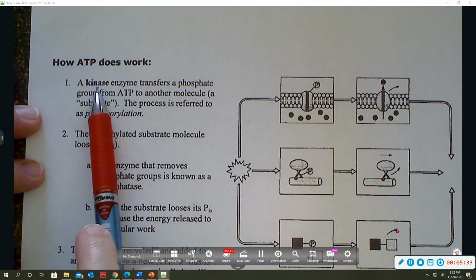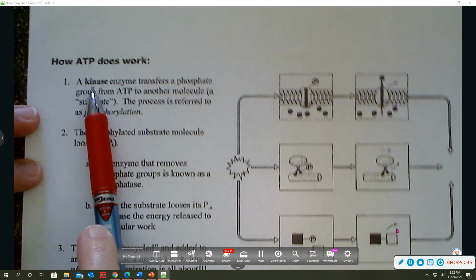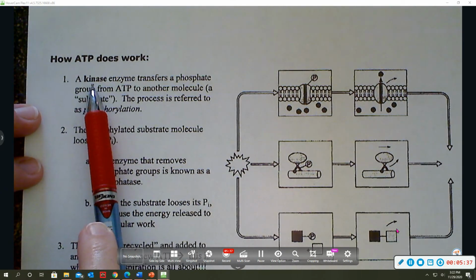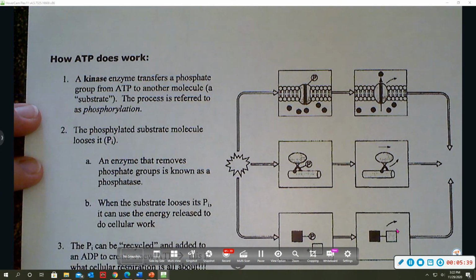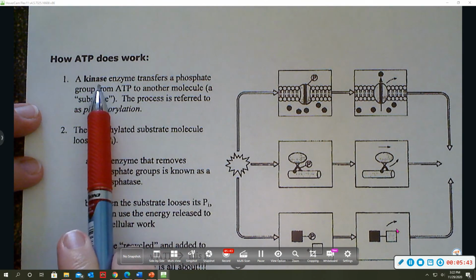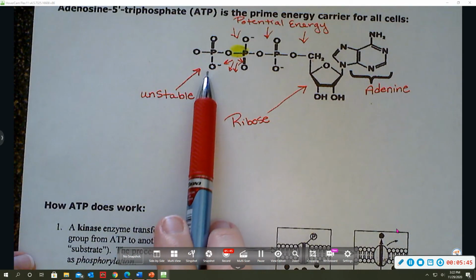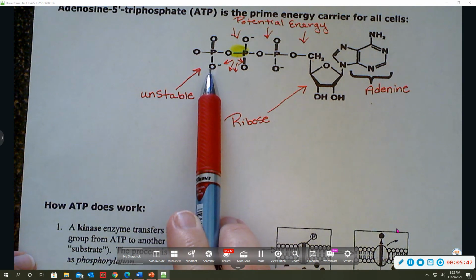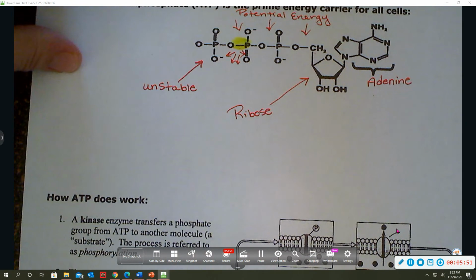So there's actually many different types of kinases, but what they all have in common is that they bond to ATP and then another substrate, and they transfer the phosphate, this last one right here that's on there really unstably, to that substrate.